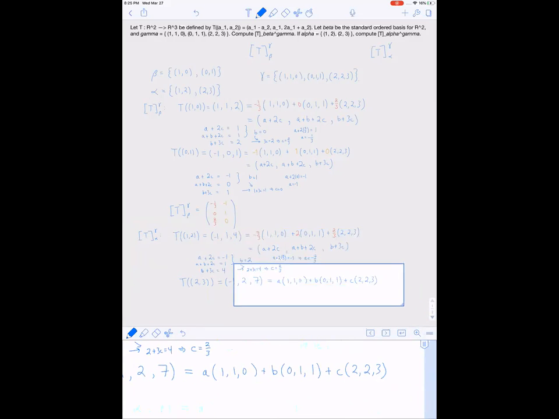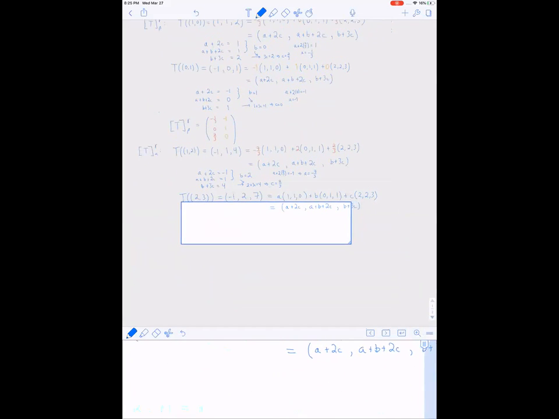And that amounts to solving systems of linear equations. A plus 2C, A plus B plus 2C, and B plus 3C. So that means that A plus 2C is supposed to equal -1. A plus B plus 2C is supposed to equal 2.